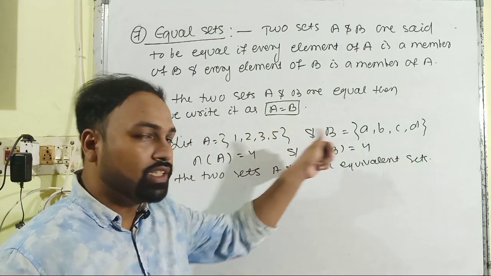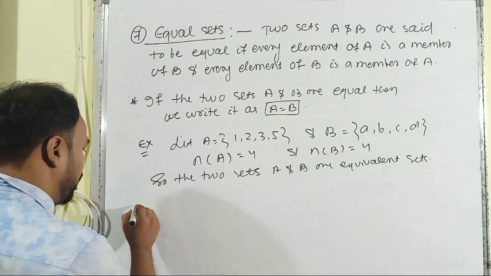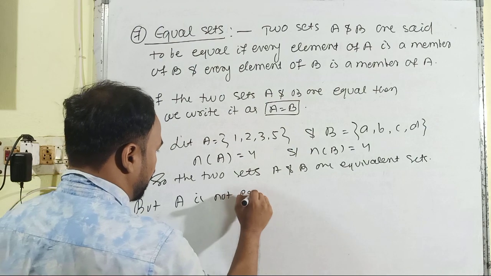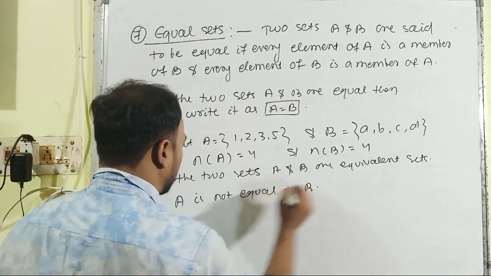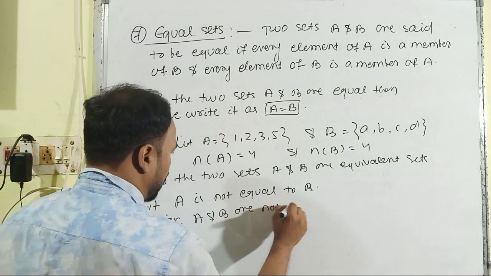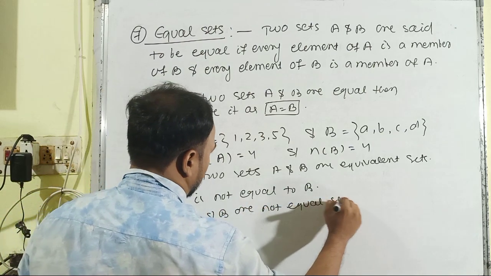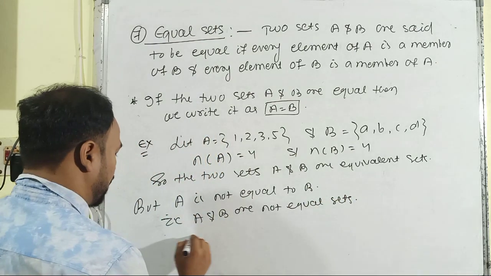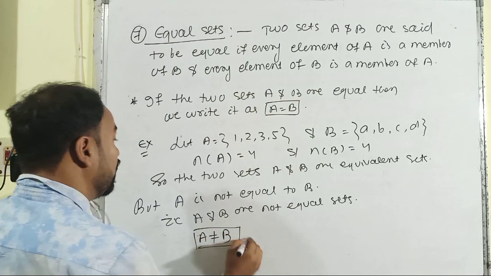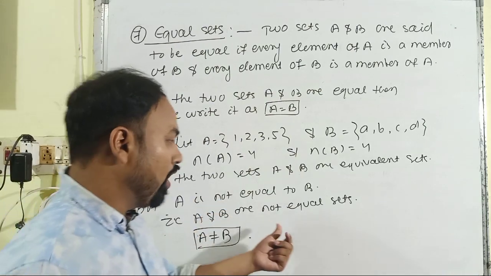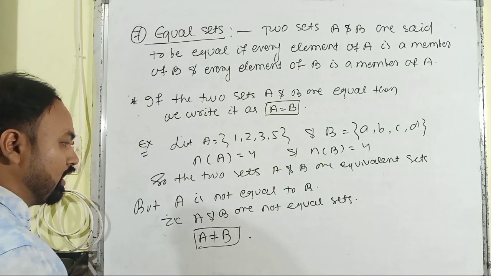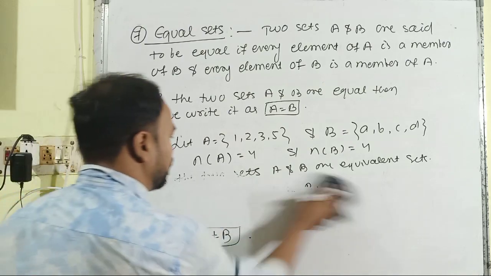That means A is not equal to B. That is, A and B are not equal sets. We can also define that in symbolic form, A is not equal to B. So every equal set is an equivalent set, but every equivalent set is not an equal set.